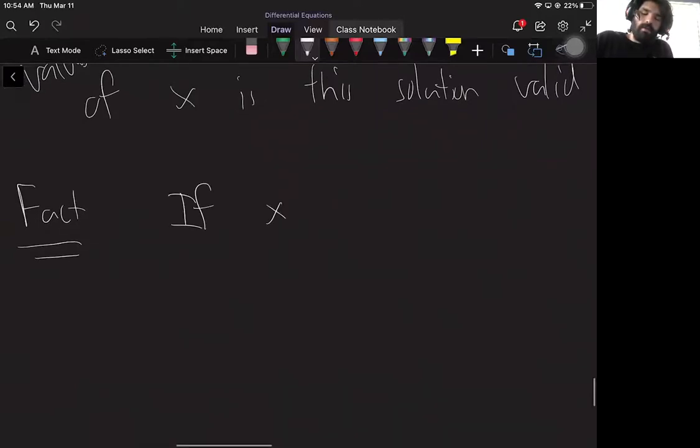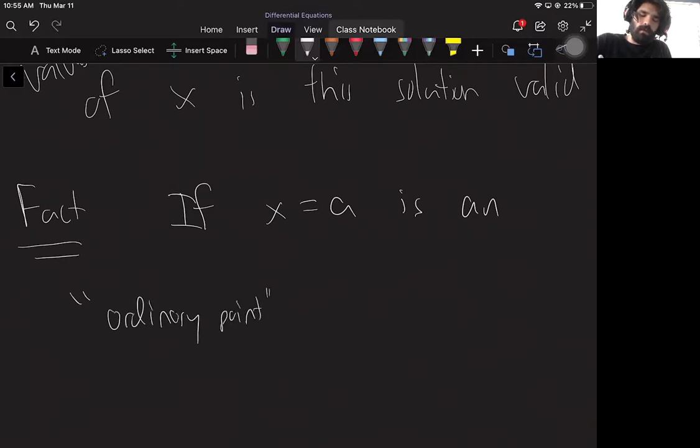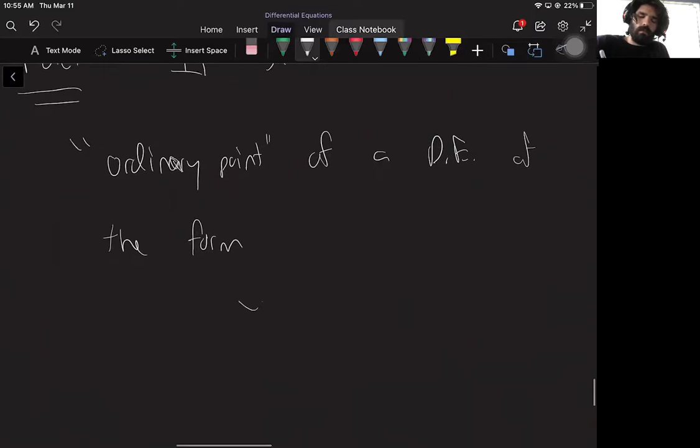So if the point A that you're centering around is something called an ordinary point, you can go look that up if you like. It's just a point where basically you don't divide by 0. It's the idea of a differential equation of the form that we're dealing with.